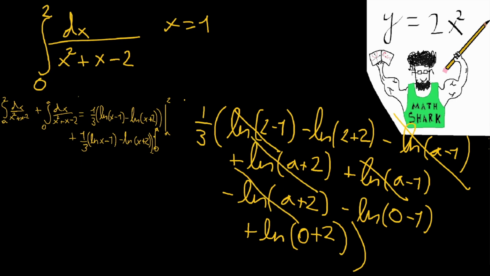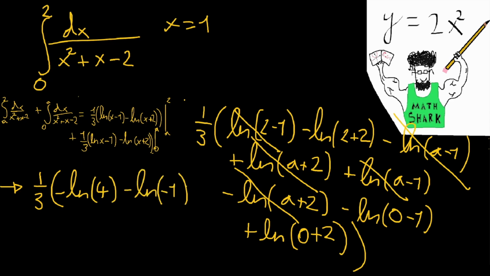So what we're left with is a minus ln of minus 1 and a plus ln of 2 and a minus ln of 4. So let's write out that result. So a third, minus ln of 4, minus ln of minus 1, plus ln of 2.